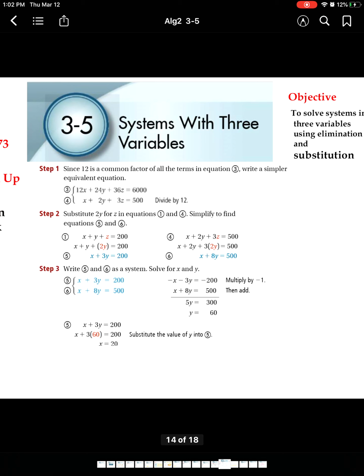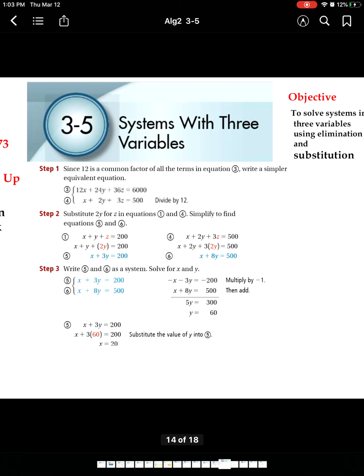He wanted to divide equation number 3 by 12 to get the fourth equation, because the coefficients of the cost equation were big. So he changed the equation to be x plus 2y plus 3z equals 500.